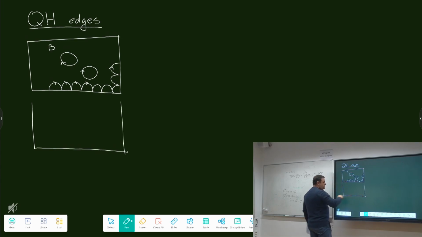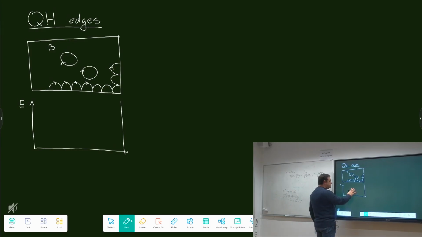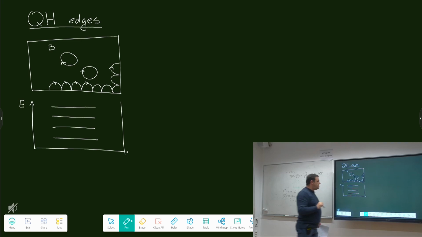And we can also draw a similar picture. This is the same x coordinate, left edge, right edge, but now vertically we will have energy. And somewhere in the bulk, here in the middle of the sample, our energies are quantized. There are Landau levels, like this. There are certain values of energy that are allowed.